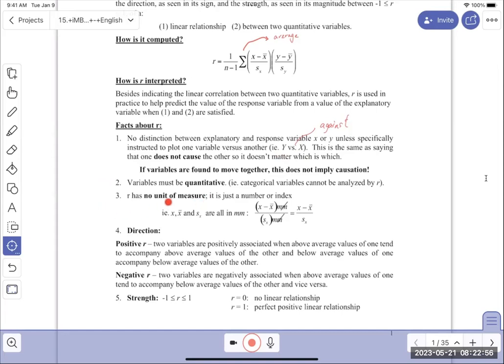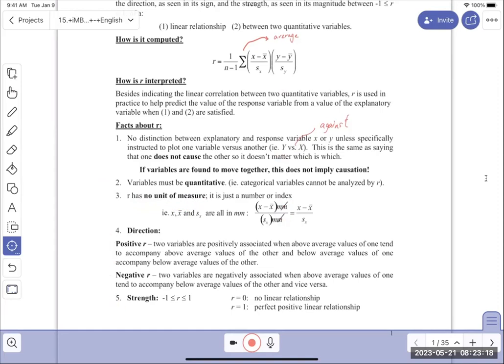R has no unit of measure, so you don't say R%, you just say R. Even numerically, we're canceling units because we're standardizing. We're converting each of these to a standard deviation from the mean in its variable.